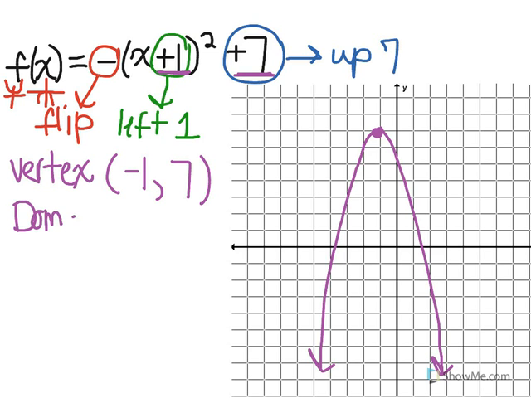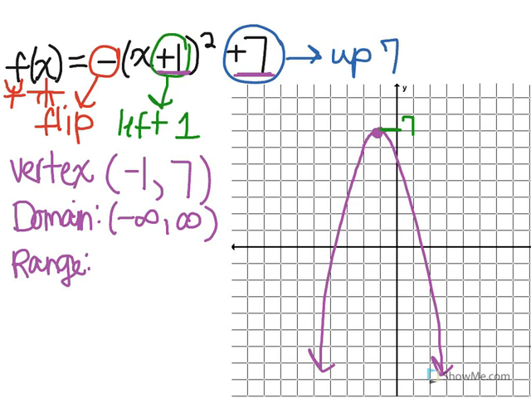The domain, remember for quadratics, is always -∞ to infinity. The range in this case, if we look over, the y value looks like the largest y value here is a 7, but then it doesn't go up from 7, it goes down.